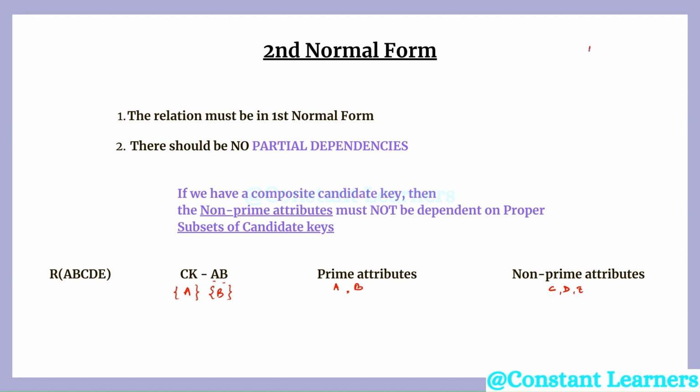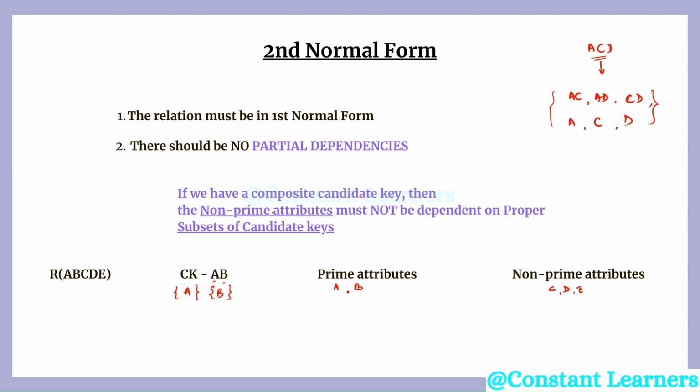If in case we had a 3 attribute candidate key, ACD, then what would be the proper subsets of this? AC, AD, and CD. Then A, C, and D. These would be the proper subsets of this key, right? In this case, this is only a 2 attribute candidate key. Hence, we are getting 2 proper subsets of this key.